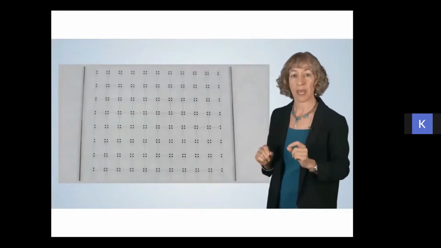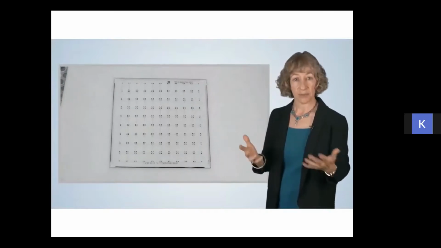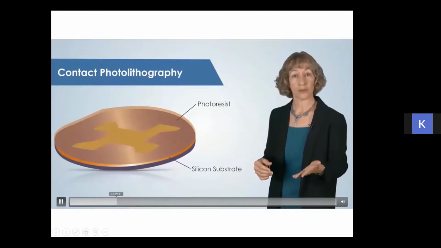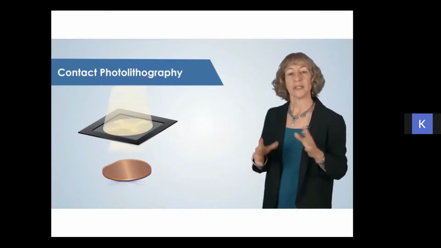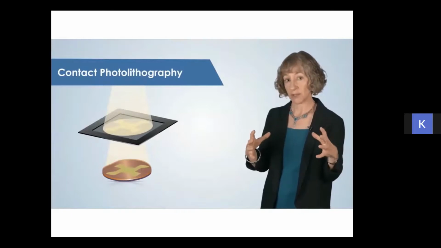Maybe a thin layer of gold is also there to stick the chrome on the glass or the quartz. As I have told, these are called contact photolithography, where the mask and the wafer will be in contact or they will touch each other.